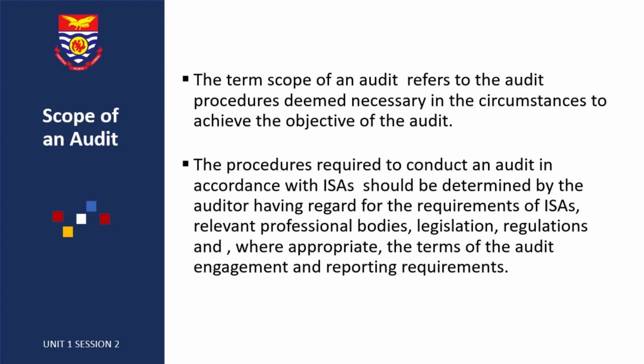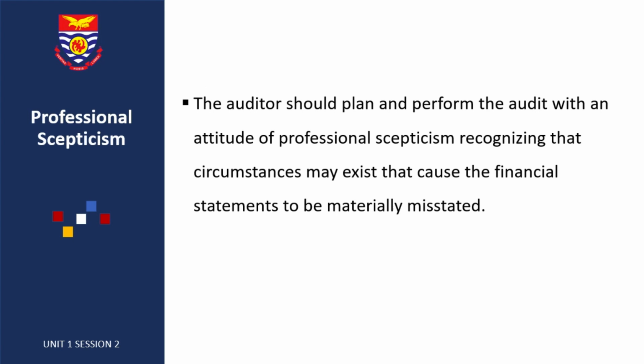The procedures required to conduct an audit in accordance with the IAS should be determined by the auditor, having regard for the requirements of the IAS, relevant professional bodies, legislations, regulations, and where appropriate, the terms of the audit engagement and the reporting requirements. Now let's look at certain terms.